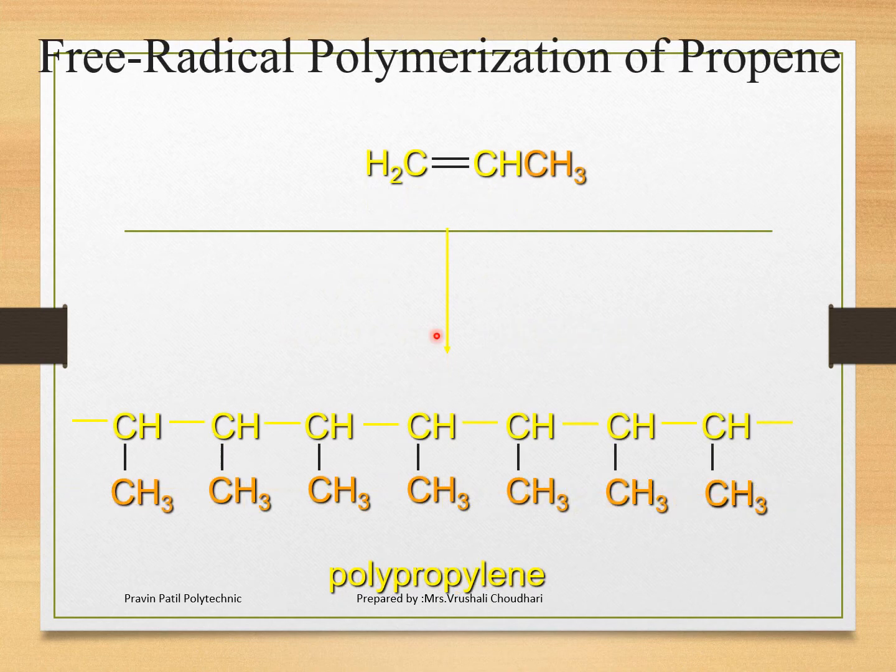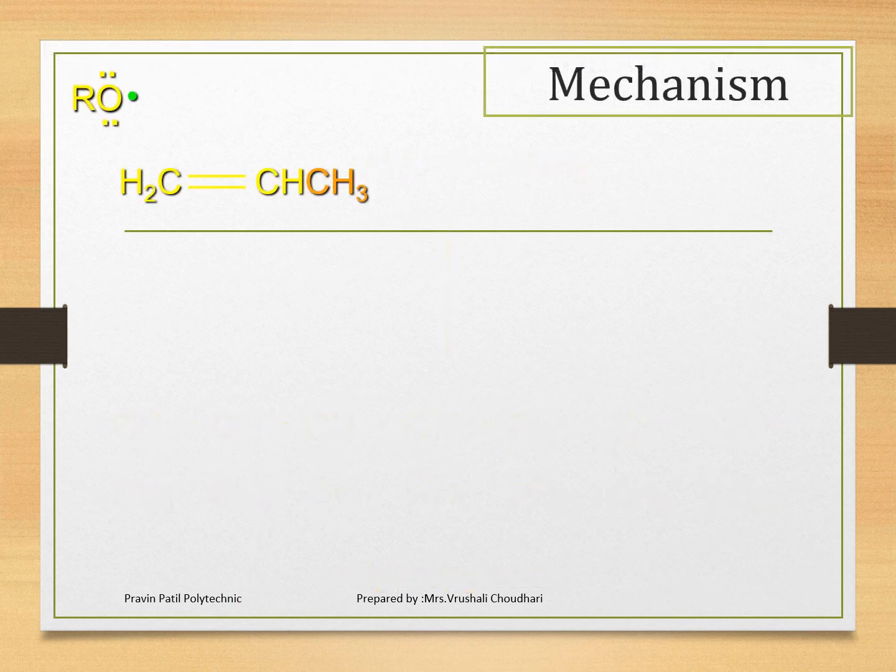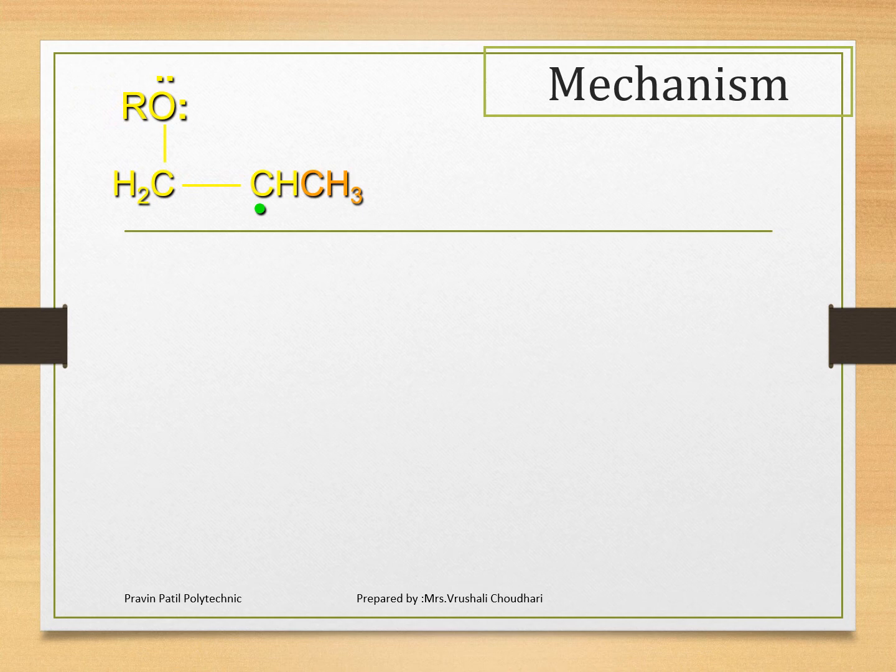This is propene. When it undergoes polymerization, it forms polypropylene. The mechanism: here we can see one single monomer present with a double bond. The double bond breaks.